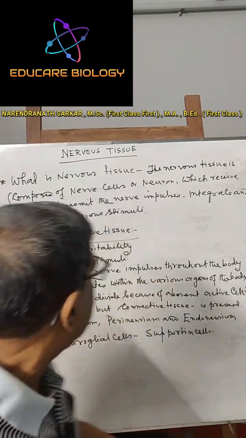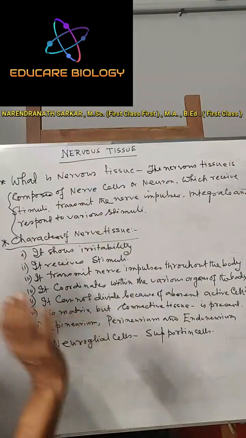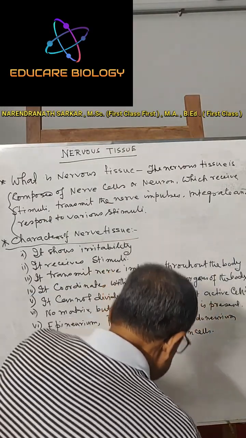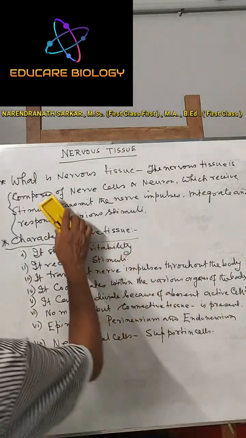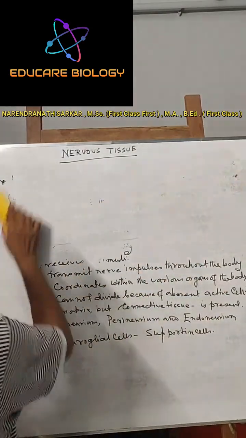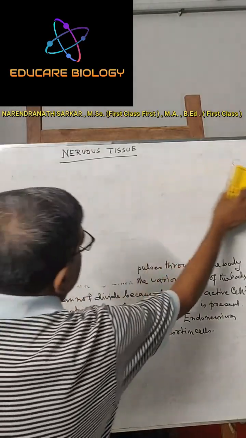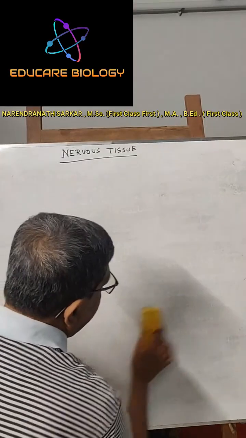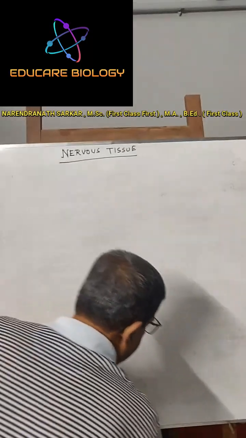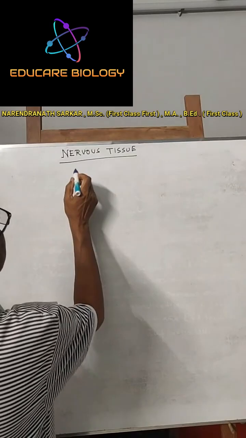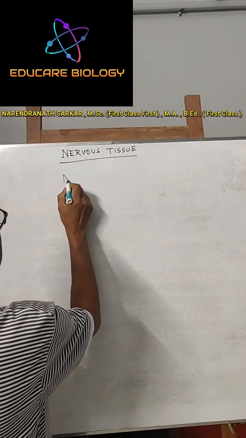Next, this is the characters of nerve tissue. Nerve tissue is composed of neuron and glial cell or neuroglia.